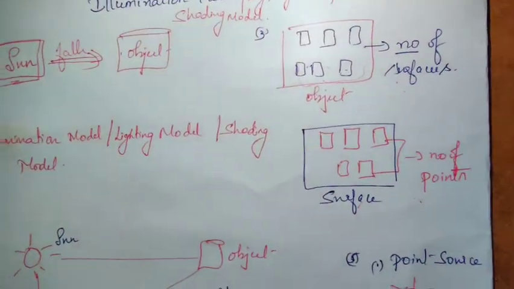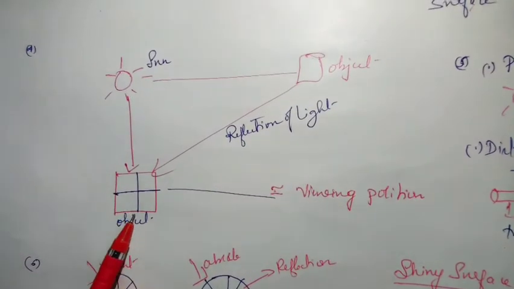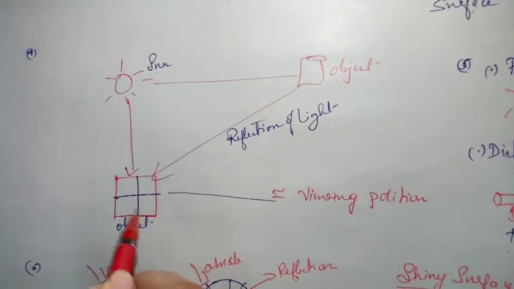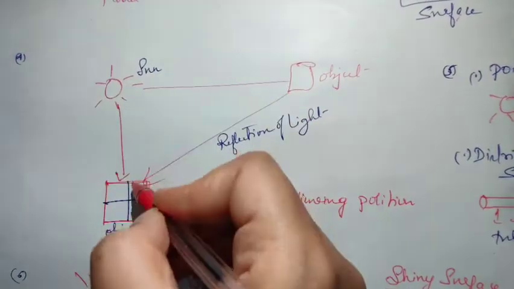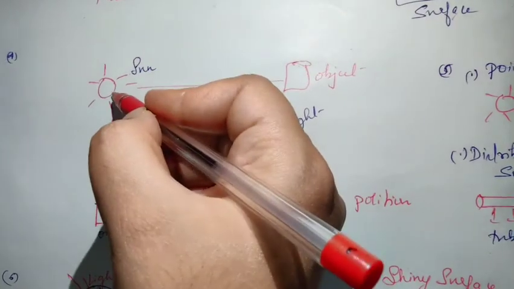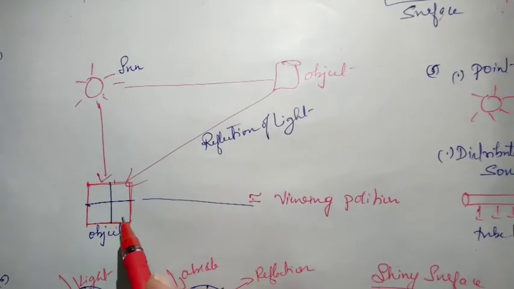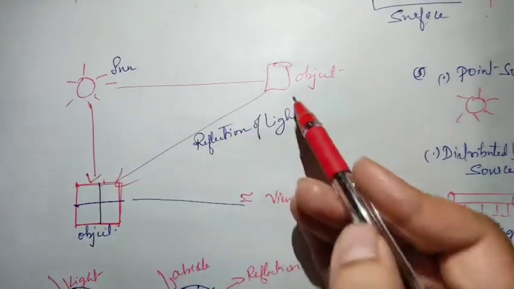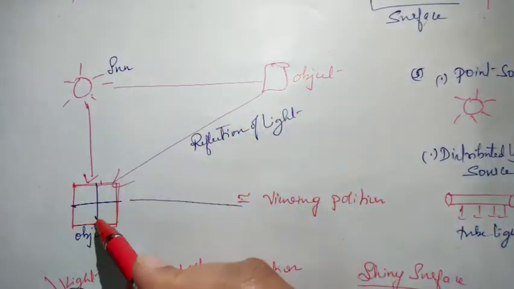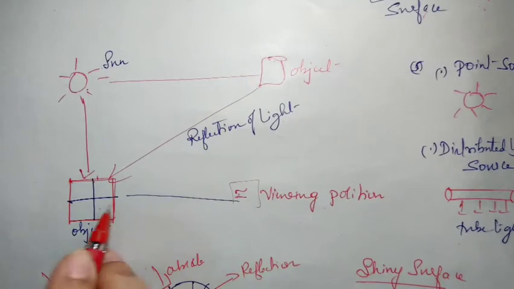So this is the basic use of the illumination model. You can consider this example. If you want to see this object, by using a direct light source, the sun, when this light falls on the object, then definitely we can see it, or by the reflection from a nearby object. It means the sunlight falls on this object, and the reflection from this object falls on the other object, and this is the viewing position, the point from which we are observing the object.